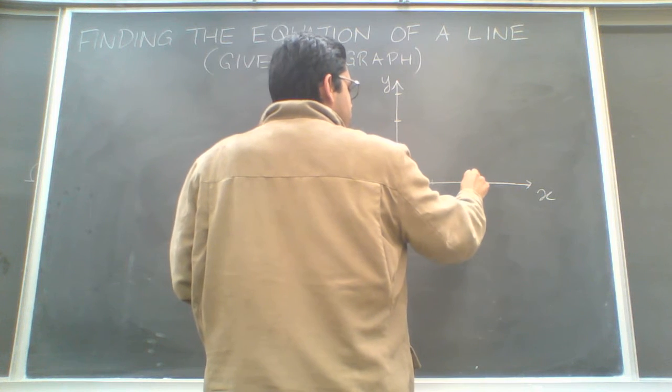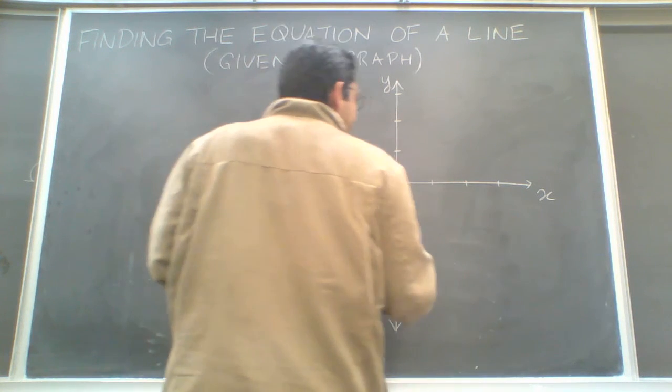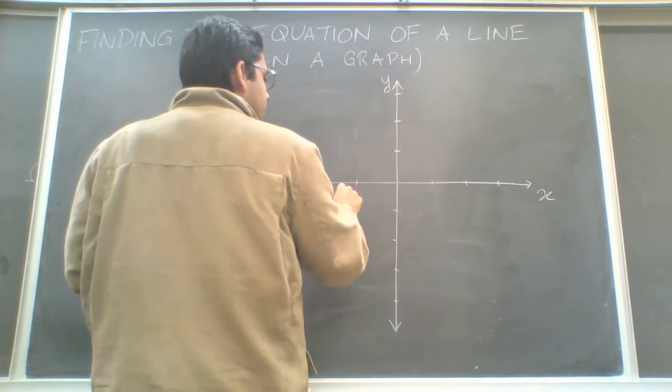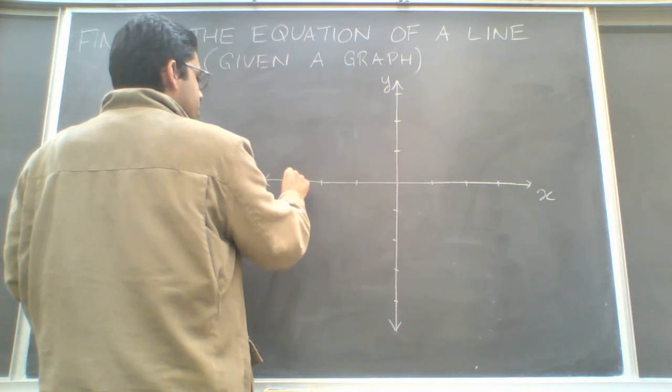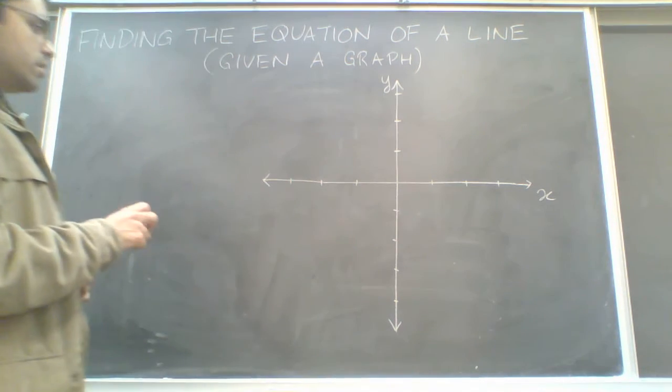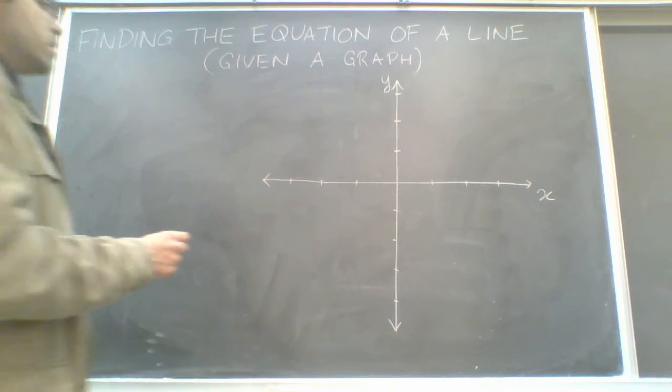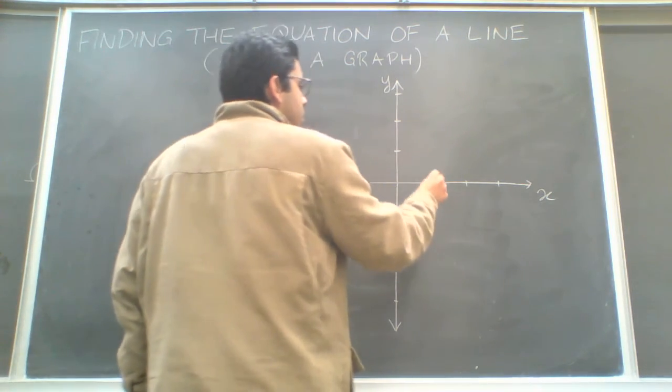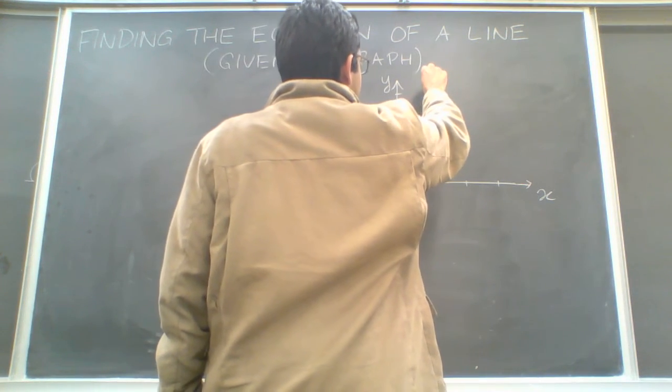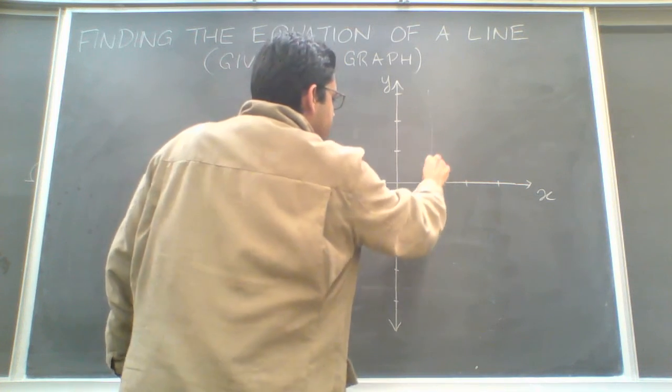And going this way, we've got 1, 2, 3. And going this way, we've got 1, 2, 3. Looks somewhat reasonable. All right. Let me run some tick marks or some thin grid lines through here.